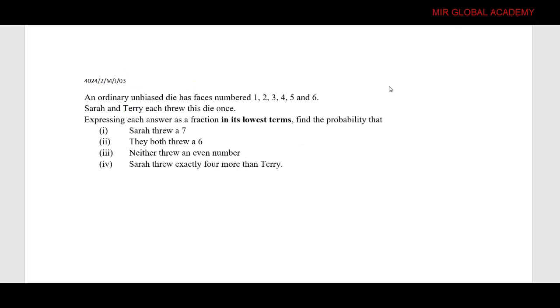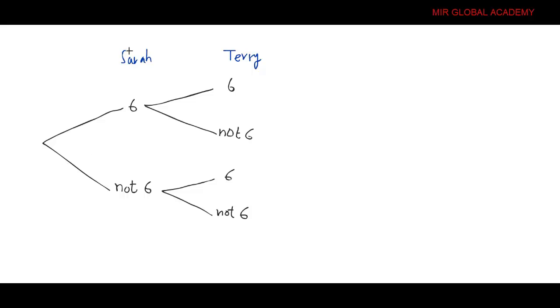To find the probability that they both threw a 6, it is better to draw a tree diagram. In the first case, which is the case of Sarah, suppose Sarah went first. There are two options: either she threw a 6 or she did not throw a 6. In the second case, which is about Terry, Terry also has two options: either he threw a 6 or not a 6.